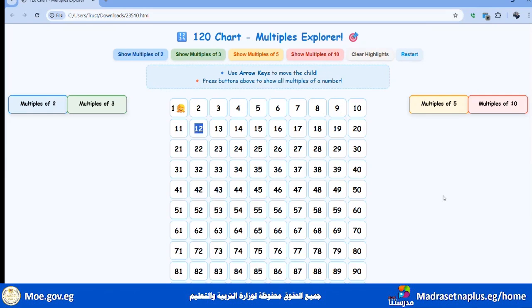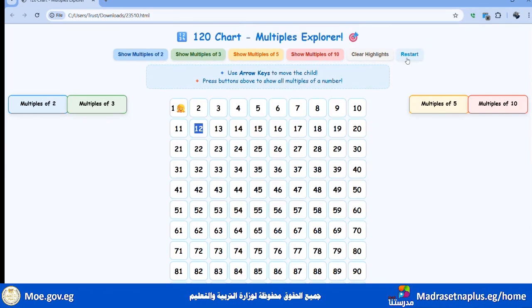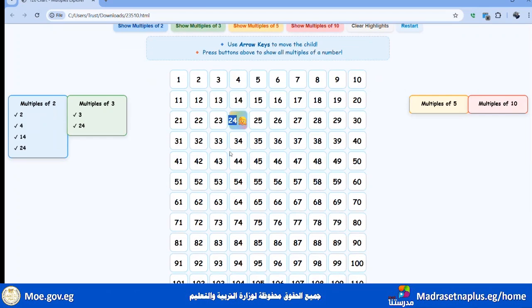What about 12? 12 is a multiple of what? Can you guess? Yes. 12 is a multiple of 2 and a multiple of 3. What about 24? Let's go to 24. 24 is a multiple of 2 and a multiple of 3.